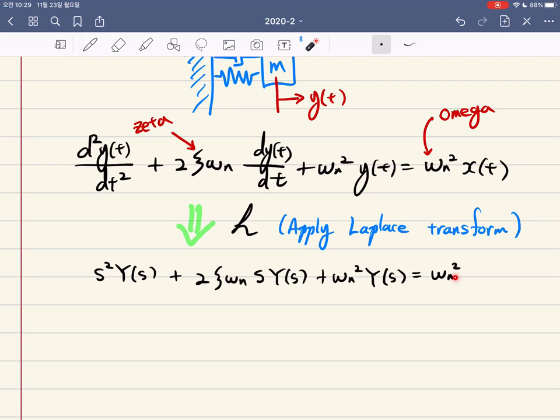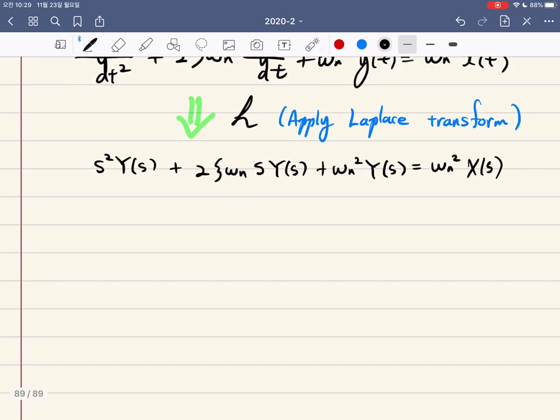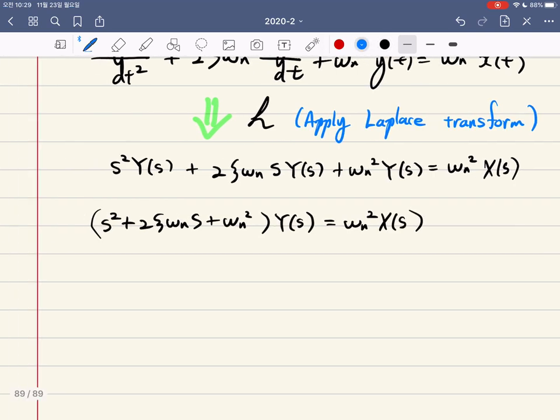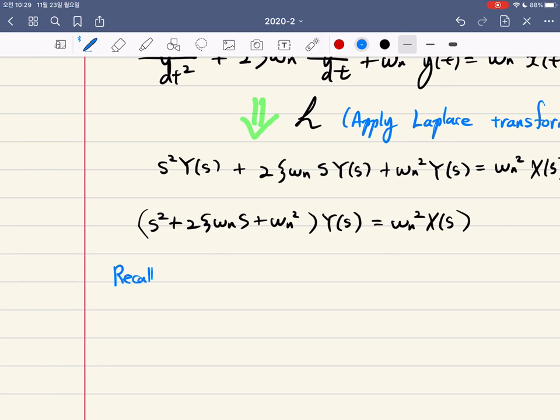this is also a constant. Therefore, you will have this kind of Laplace transform result. And I can combine all the others except Y(s) like this. So this is the beauty of the Laplace transform. And recall that the system function is in this relation.